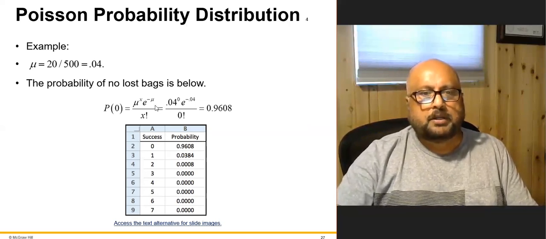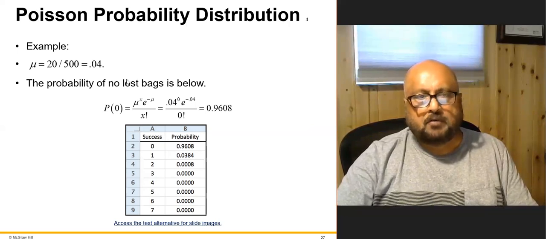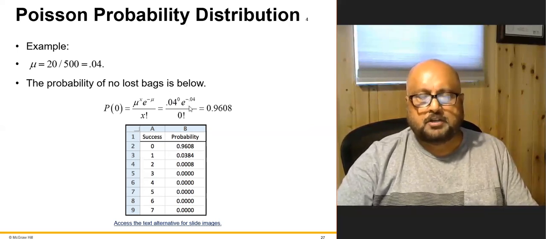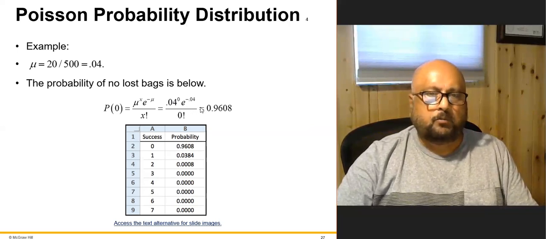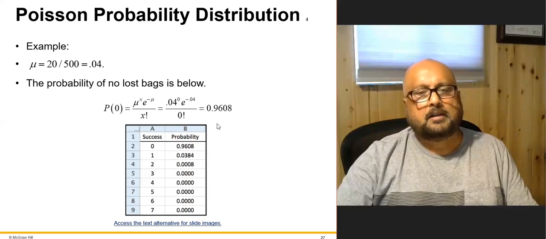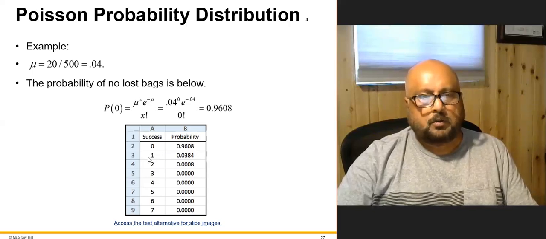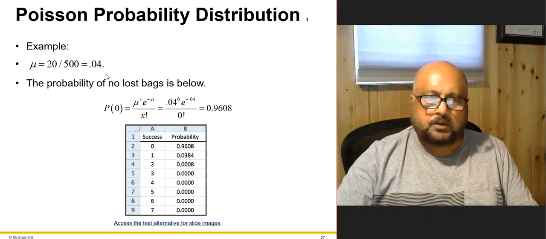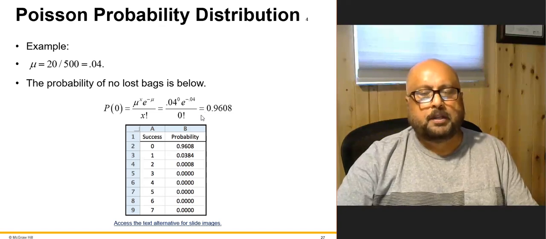So we put in mu as 0.04, and when you substitute these values in the relationship, we get 0.9608. And we can look for any number of bags lost: one bag lost, two bags lost, 3, 4, 5, 6, and so on, just by using this formula.